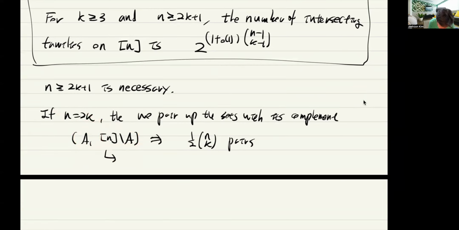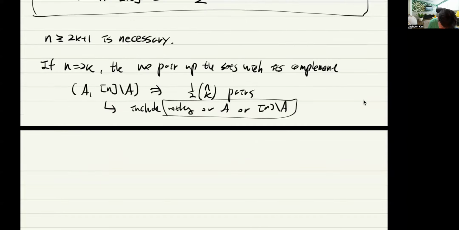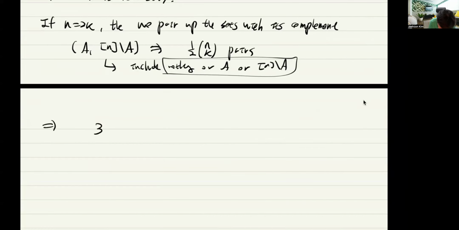So we have three choices for each pair: include nothing from this pair, only A, or only the complement of A. So there are three choices for each of them, that is 3 to the half n choose k ways.